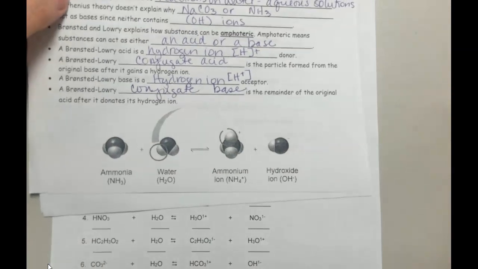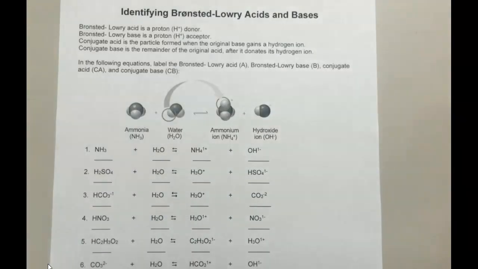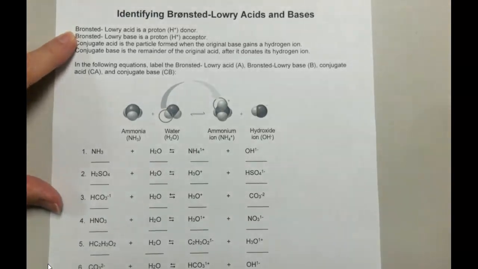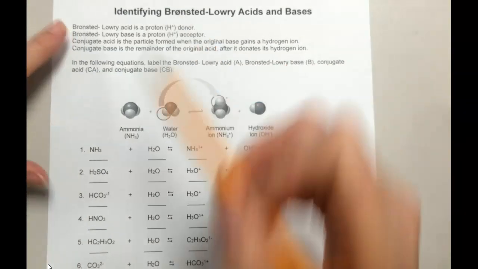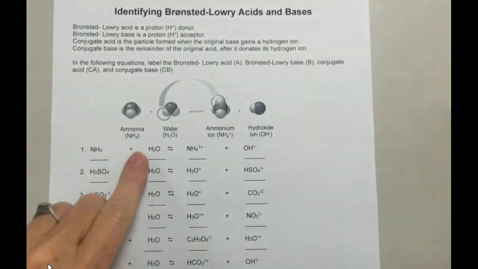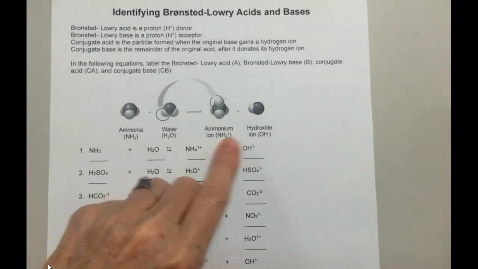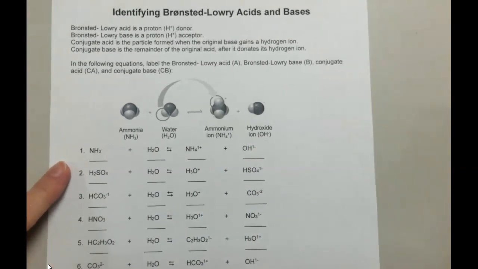Okay, so we're going to identify who gave away a hydrogen, because what does it say right here? A Bronsted-Lowry acid is a proton or a hydrogen donor. If we're looking at this, we've got ammonia plus water produces this ammonium ion and a hydroxide ion, which is the same as number 1 right here.